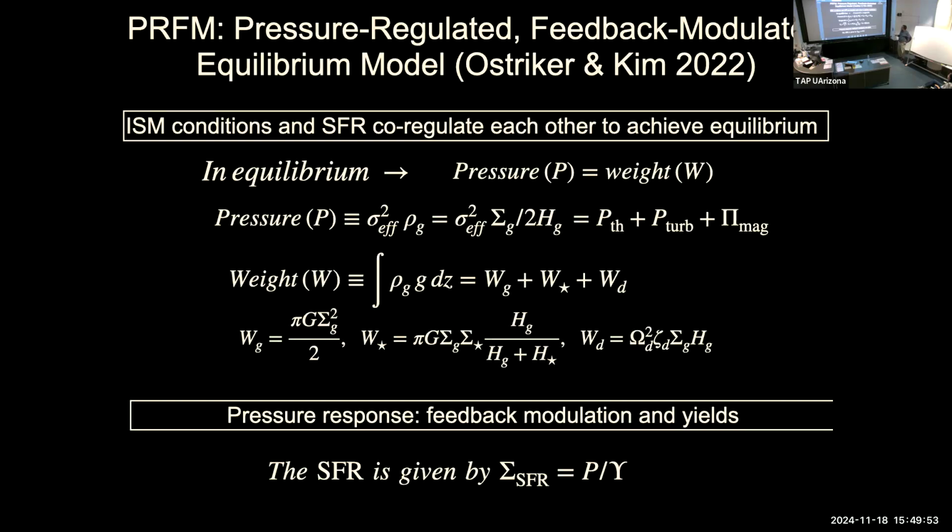So in equilibrium, if you have a vertical equilibrium within your galaxy, the pressure is similar to the weight. That's a statement you can say for any vertical equilibrium. And you could write the pressure as sigma effective squared, which is the velocity of the gas, times the volumetric density of the gas, which you can write as the surface density of gas divided by the scale height.